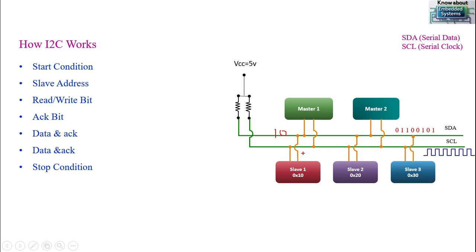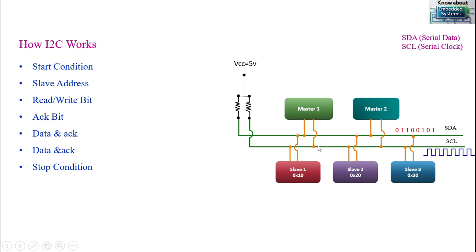So the slave sends an acknowledgement indicating its presence. It sends the acknowledgement by sending a 0. That is called the acknowledgement bit, indicating that the slave is present.